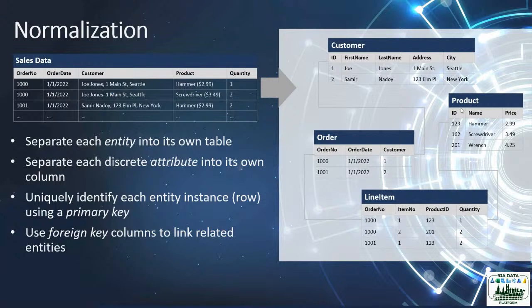So at this point, my order table can be my fact table, and line item is also my fact table. Customer and product are just dimension tables telling us more details about what we have on the order table and line item.